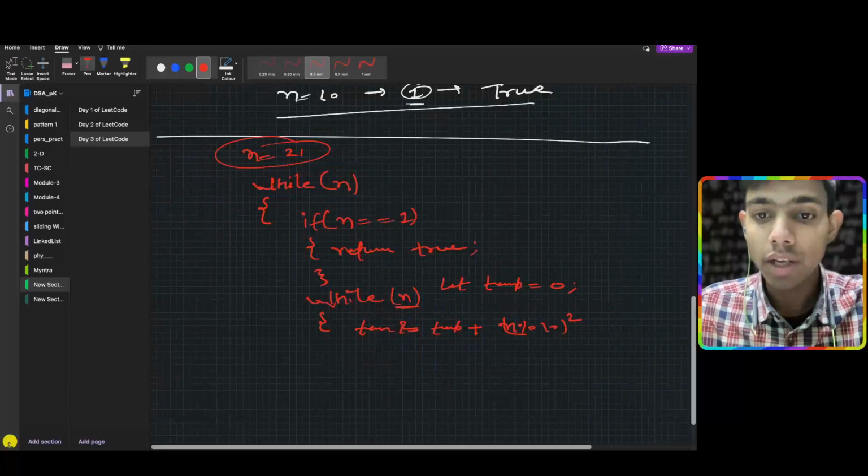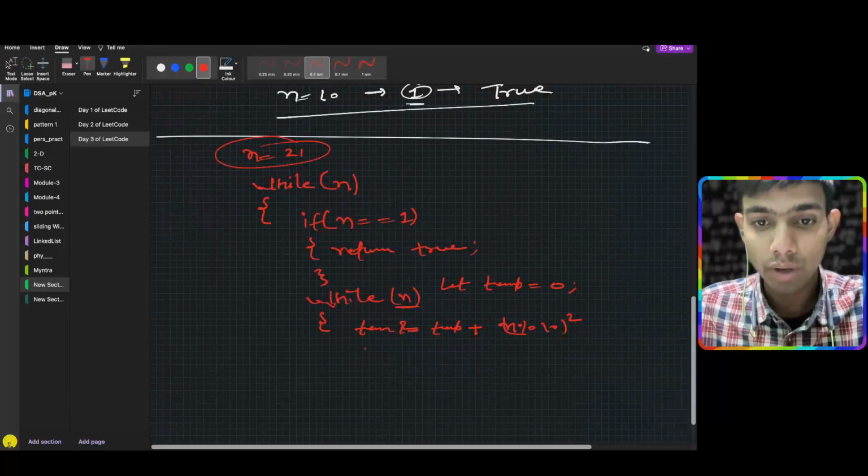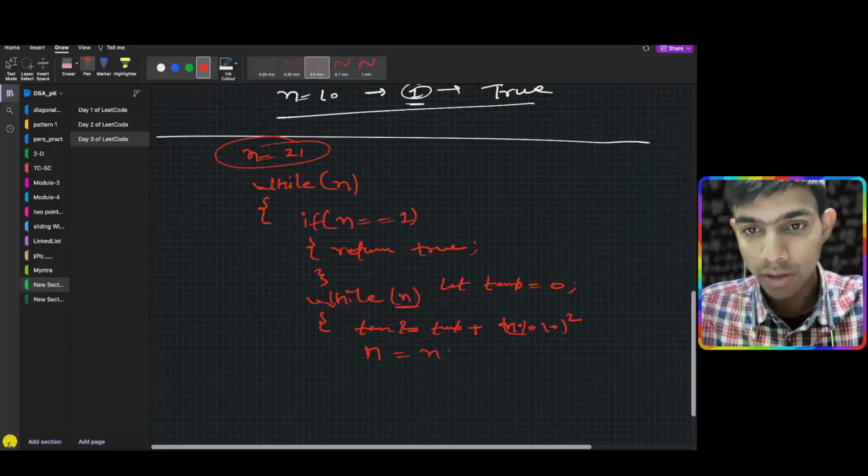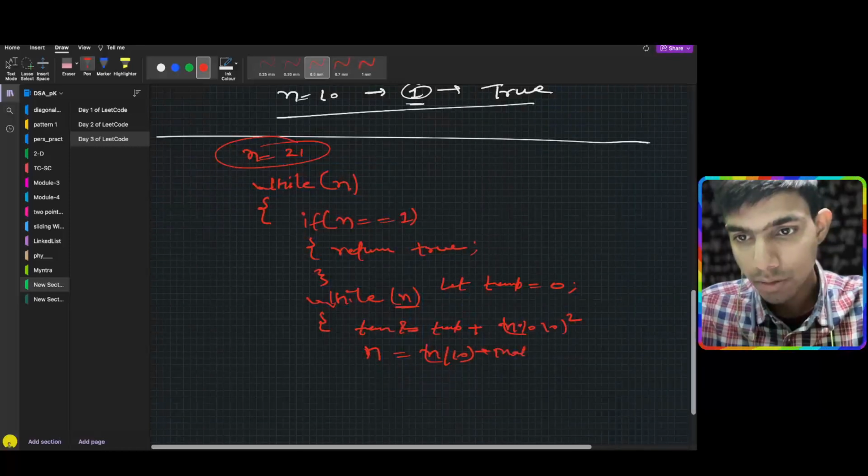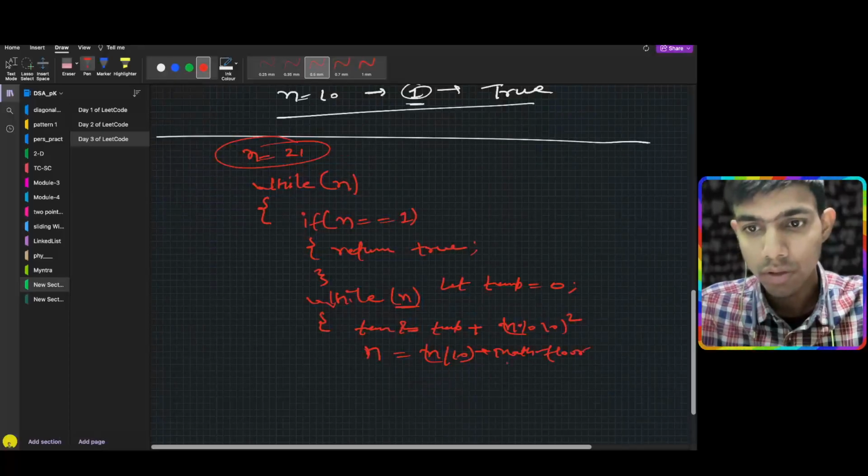Okay. And then what we need to do, n is equal to n divided by 10, and for which we can use Math.floor.